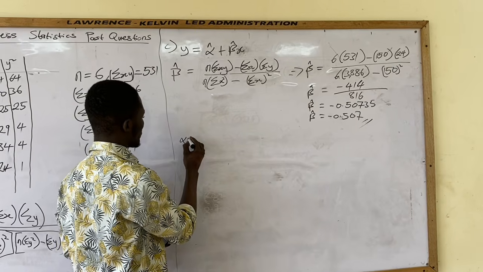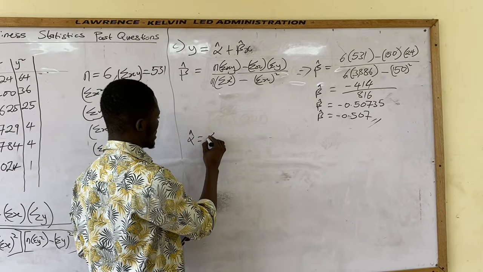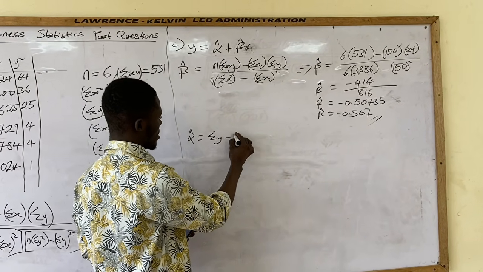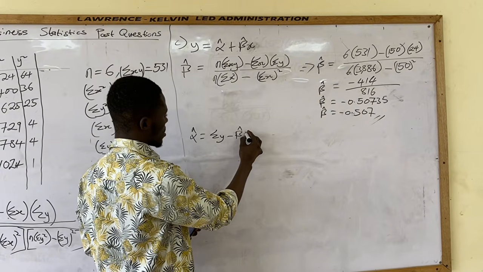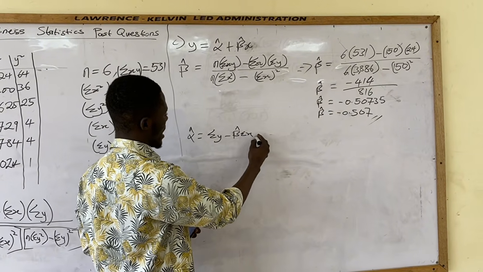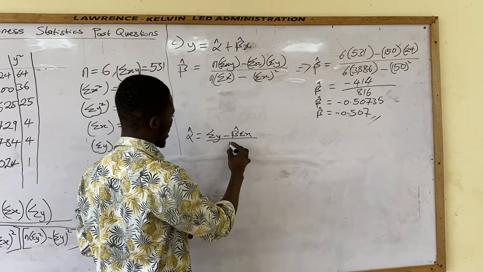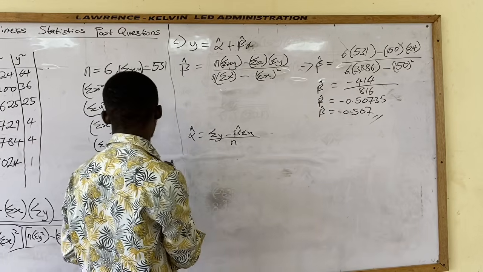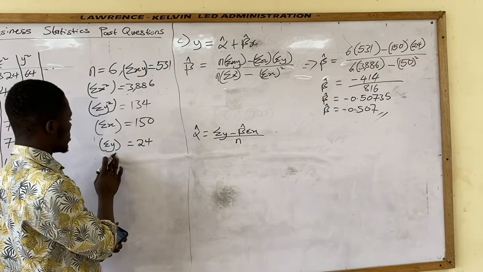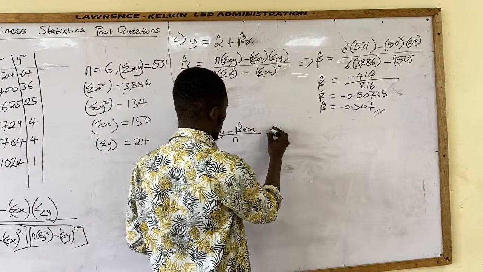So alpha hat is equal to sigma y minus beta hat multiplied by sigma x, all divided by n. We have our sigma y to be 24.